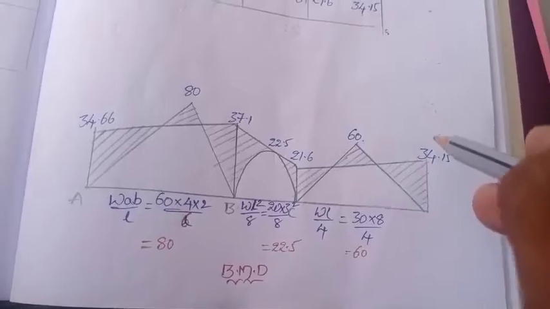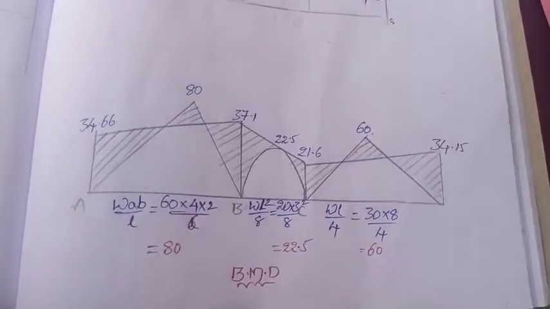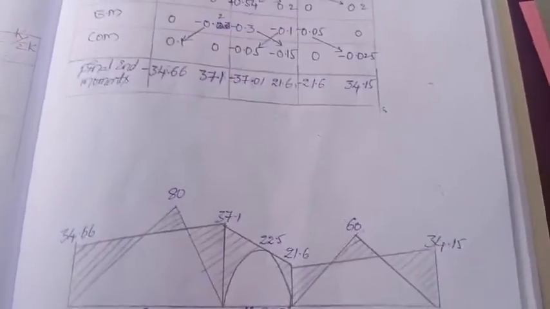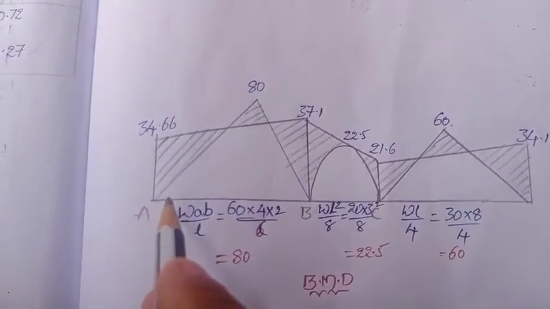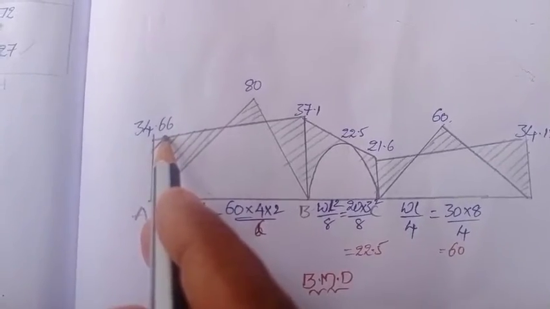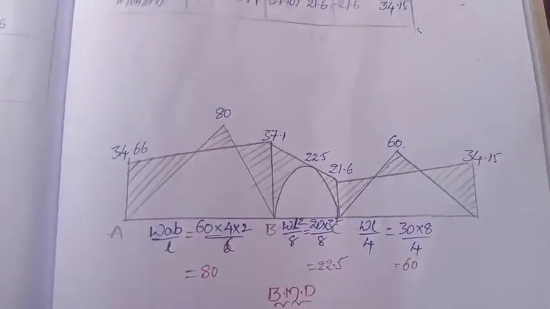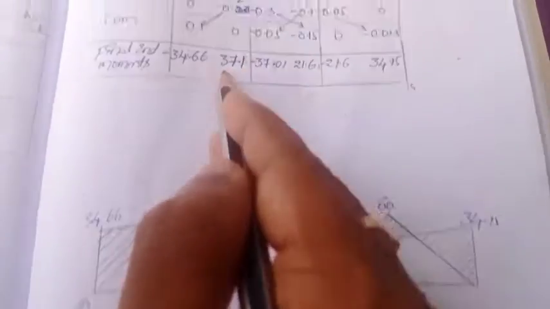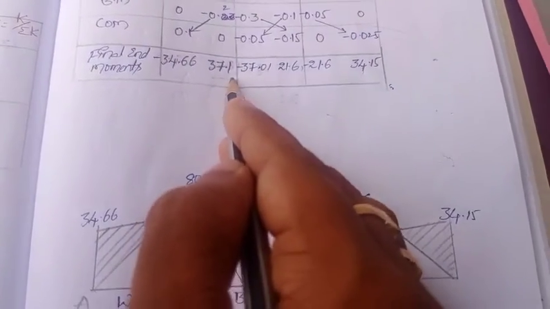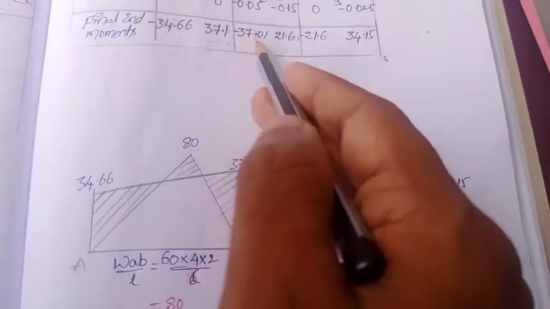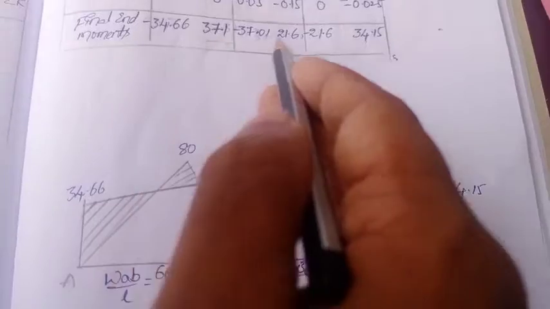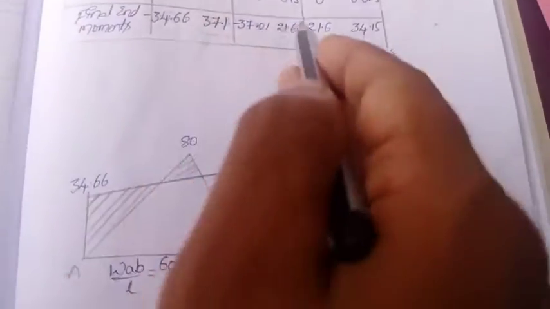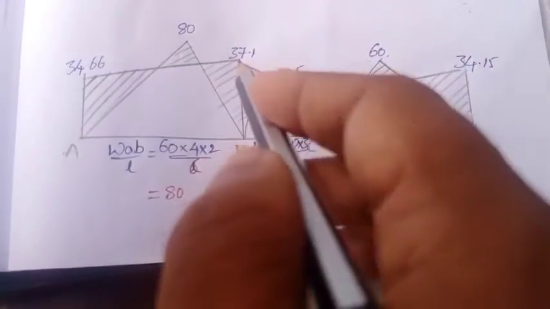First we will draw those diagrams on the given beam. Next, the final end moment for the AB span is minus 34.6, so 34.6. The final end moment for the BA span is 37.1 and for the BC span is 37.01. So the final end moments for BA and BC are approximately the same, so we take it like this.